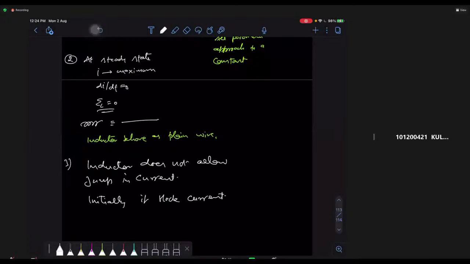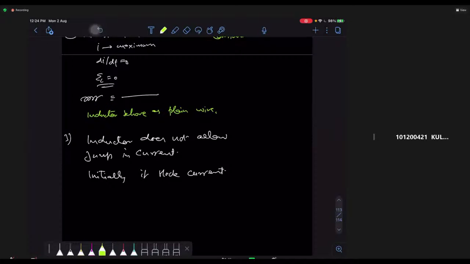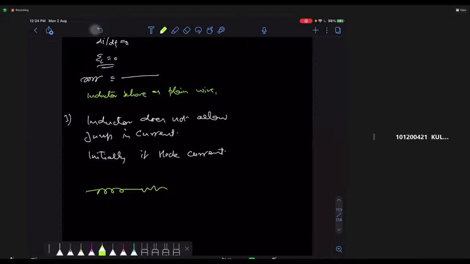Meaning thereby, initially in a circuit, your inductor is just like a blockage. It does not allow the current to pass in the beginning.